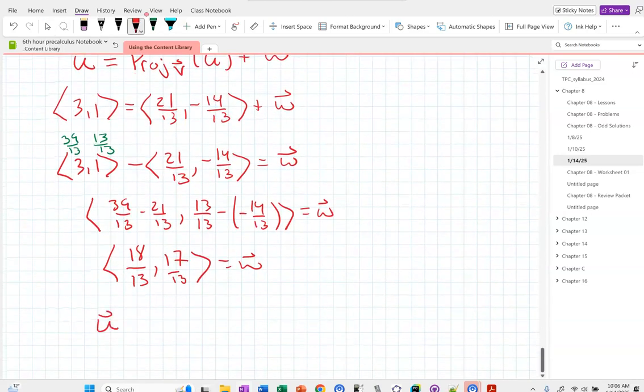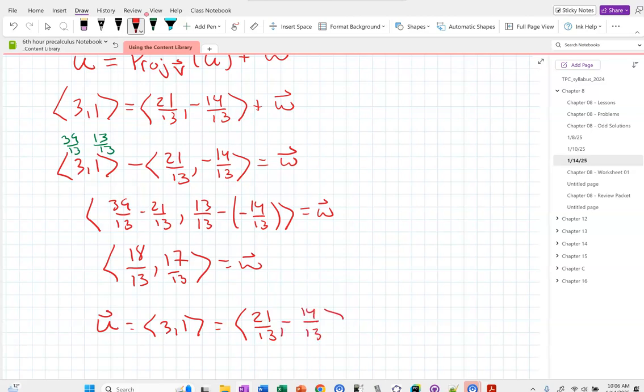So I can say my u, which is 3, 1, is equal to my projection vector plus my w vector. Oops, 17, Mr. Kulik, come on now. 27, don't forget to carry the 1. Somebody would have caught me there, I'm sure.